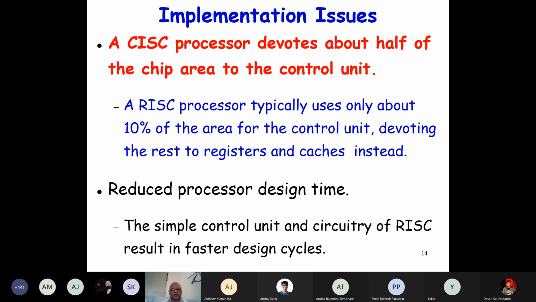Also the simple control circuit reduced the processor design time. RISC had this advantage. You can quickly design the processor, with fewer faults and a large cache.